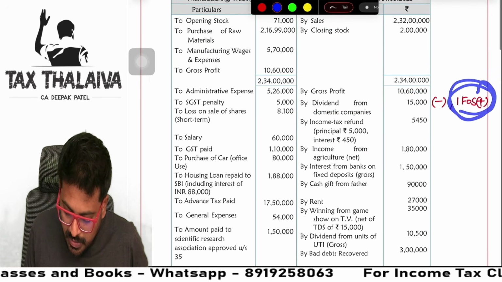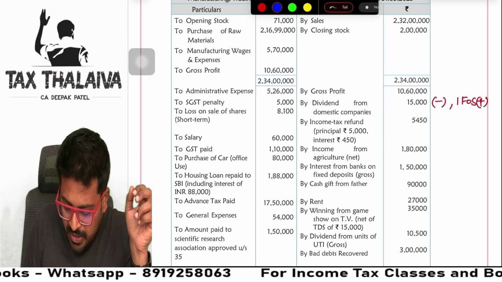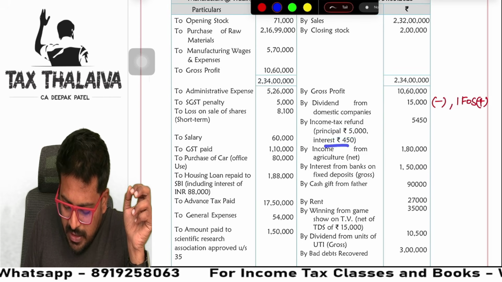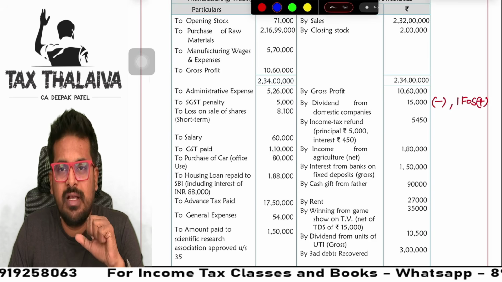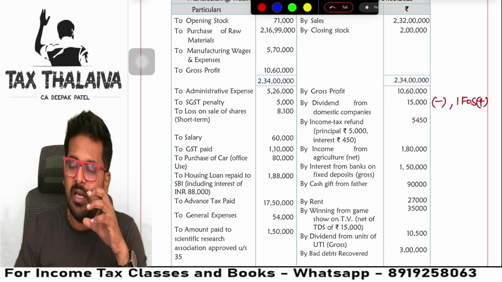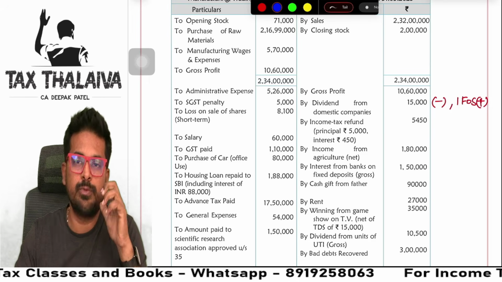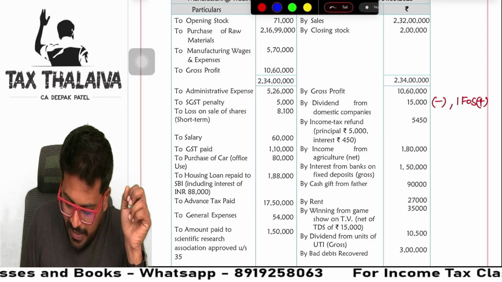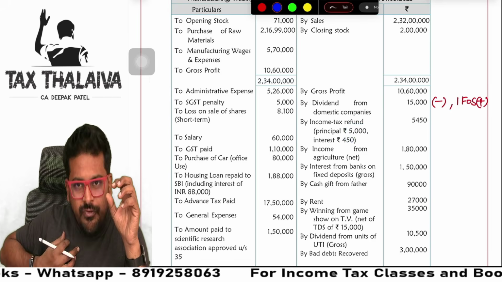Okay, next, income tax refund. Guys, understand, income tax refund, principal 5,000 and interest 450 has been received. Guys, what is income tax refund? Say for example, I paid more tax to the government first, then the government will check, okay, he paid more tax, so let's give him back his money. So I paid excess tax of 5,000 rupees, and the government is giving you back the 5,000.